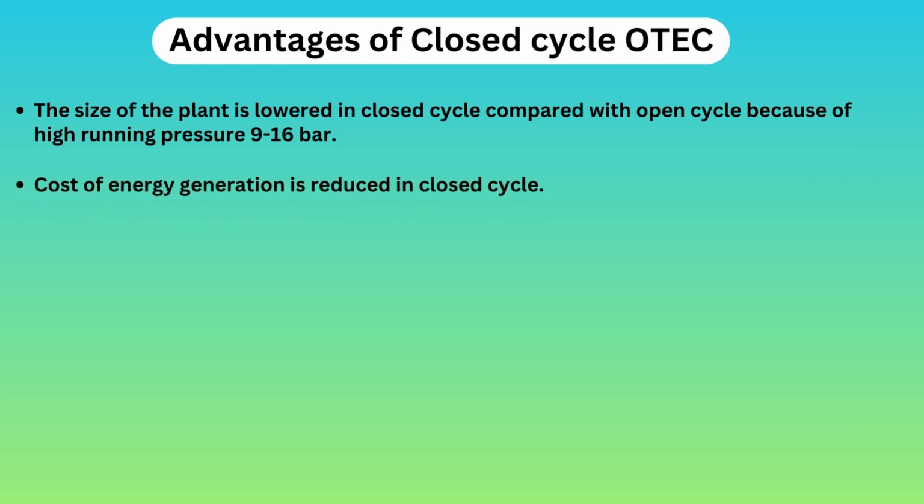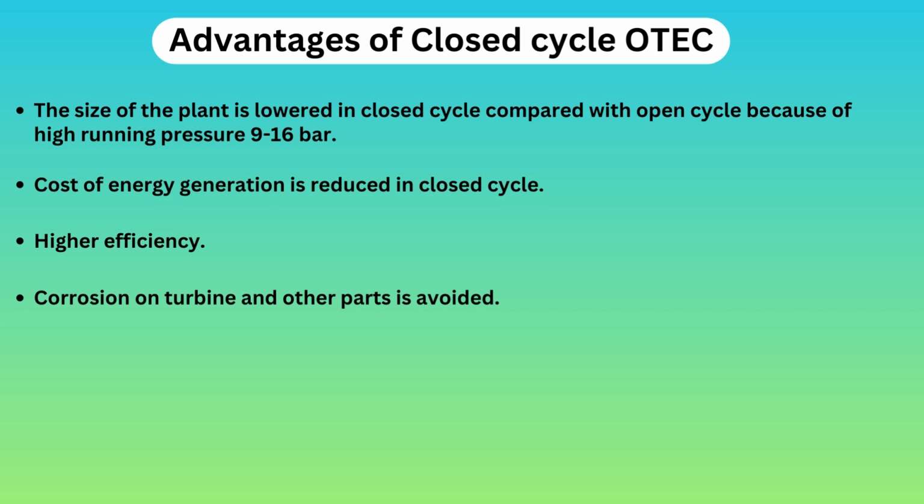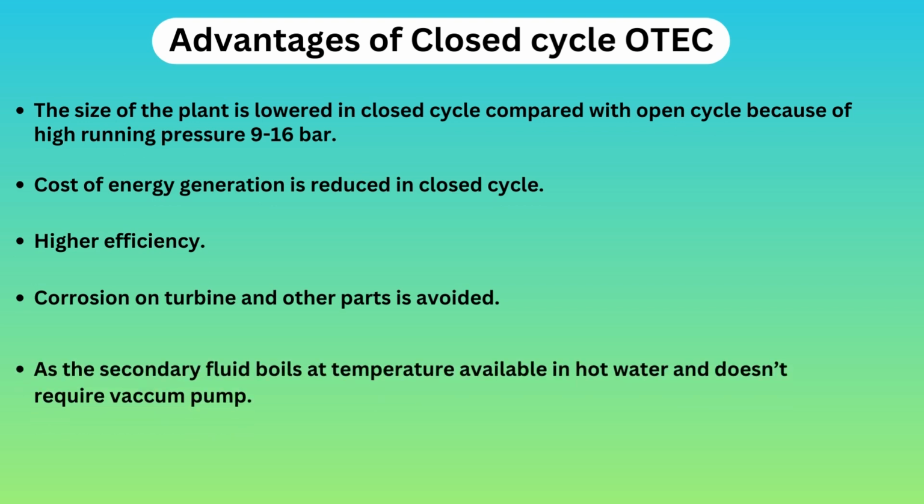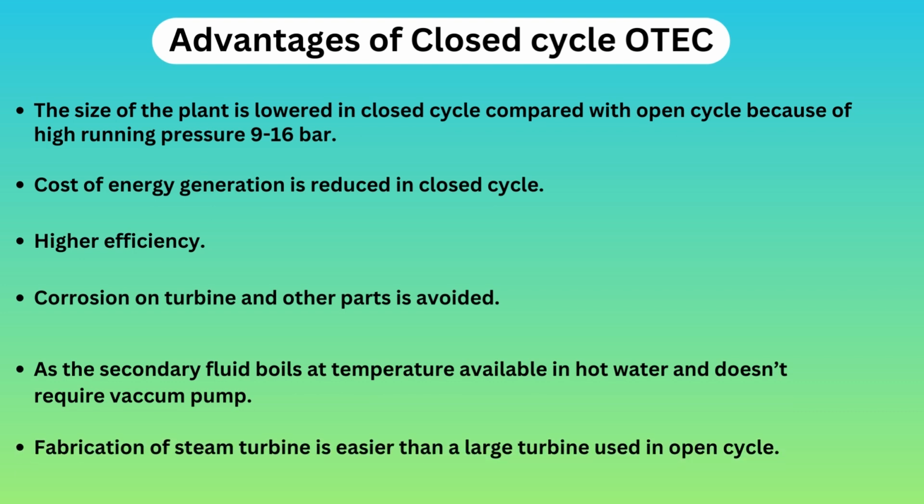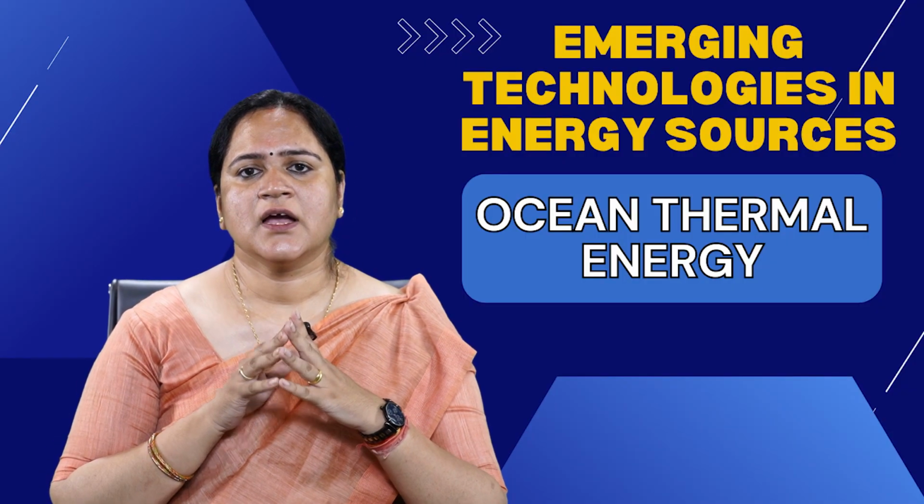The cost of energy generation is reduced in closed cycle, efficiency is higher, corrosion on the turbine and other parts is avoided, and as the secondary fluid boils at the temperature available in hot water, it doesn't require any kind of vacuum pump, etc. So the fabrication of a steam turbine is easier than a Lasse turbine that was used in open cycle.